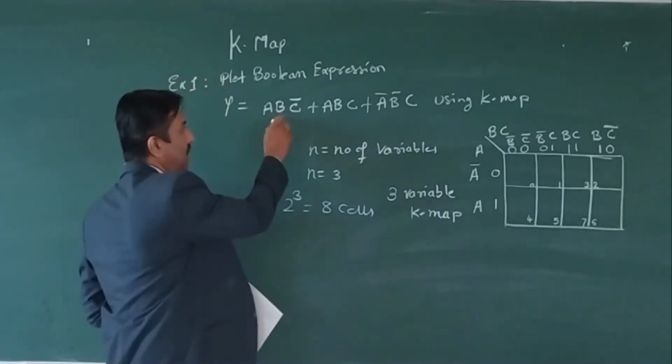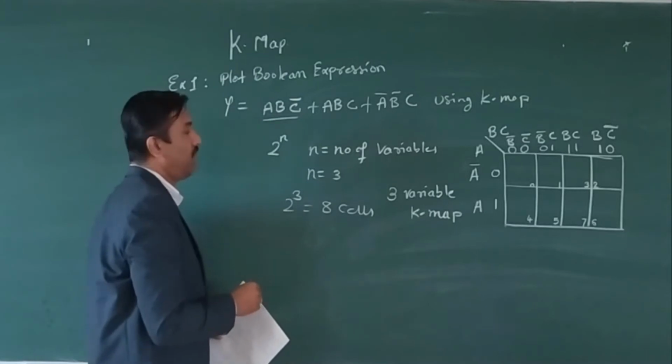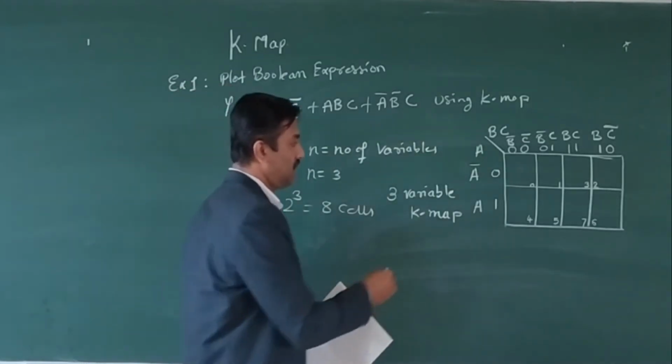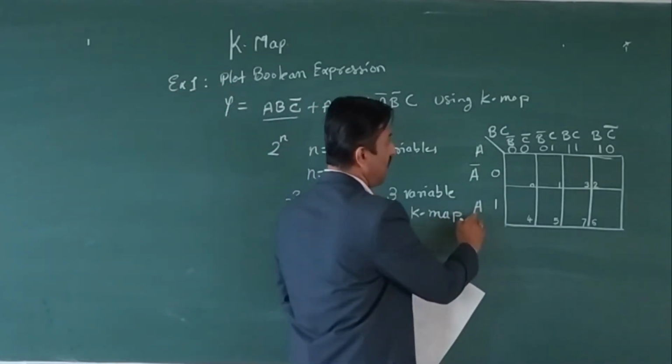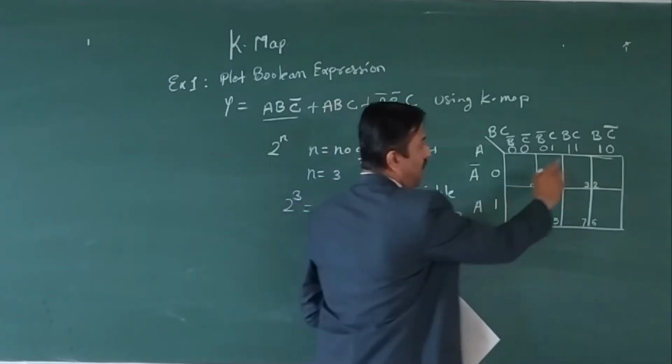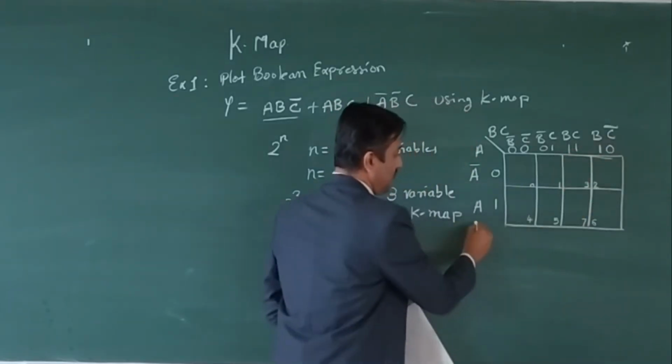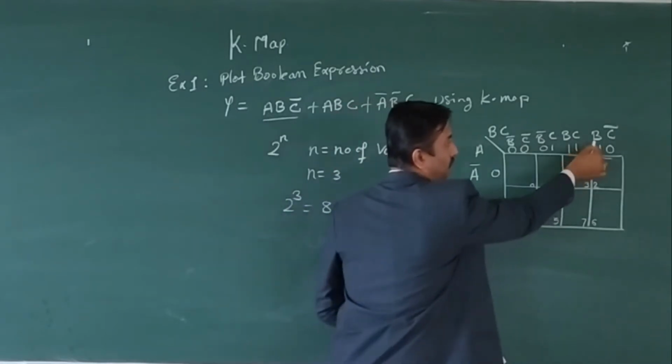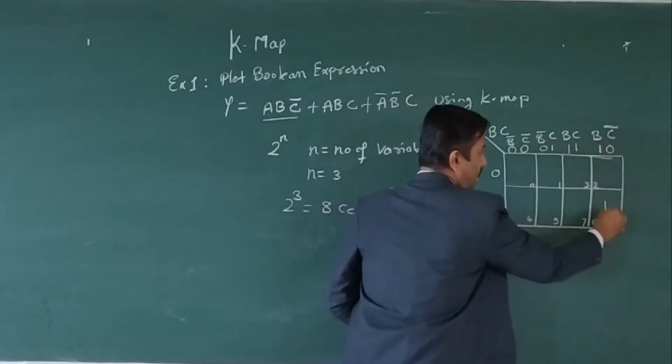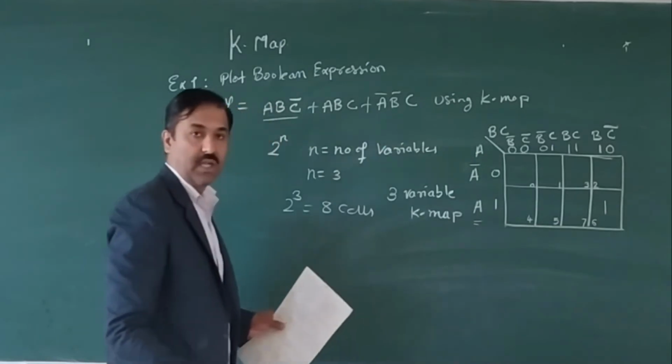Now, which terms are present? We will take the first term, A B C bar. I am going to put a 1 in this particular cell.